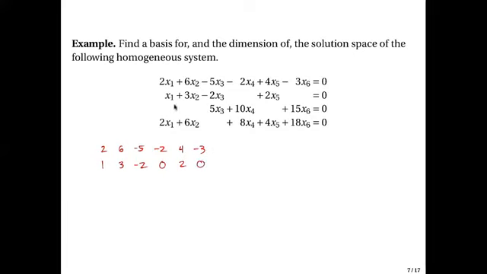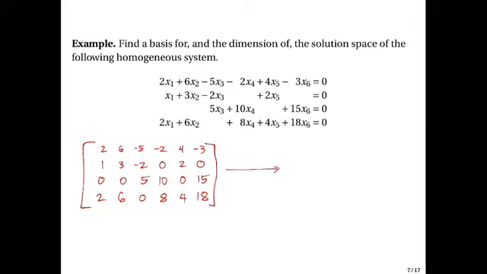For the third, you have 0, 0, 5, 10, 0, 15. Then finally, you have 2, 6, 0, 8, 4, 18. So here we have the matrix of coefficients. We find the RREF. So let's do operations here.